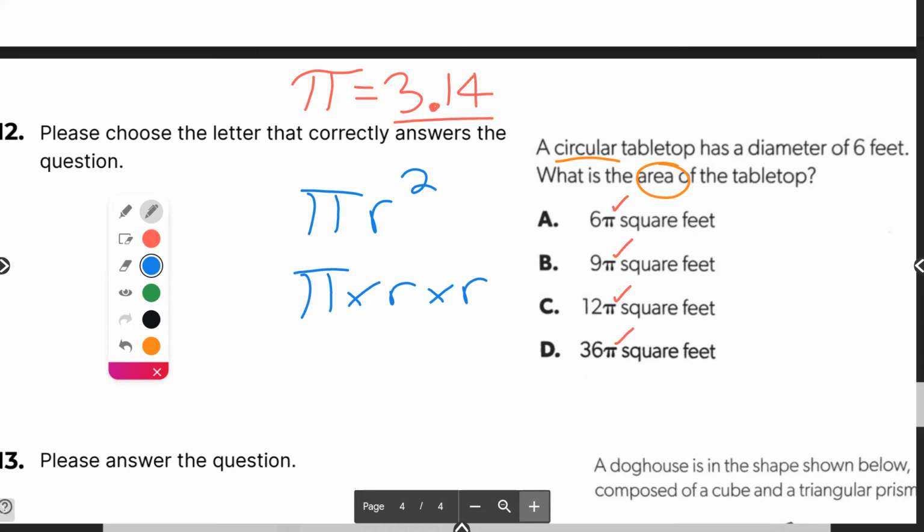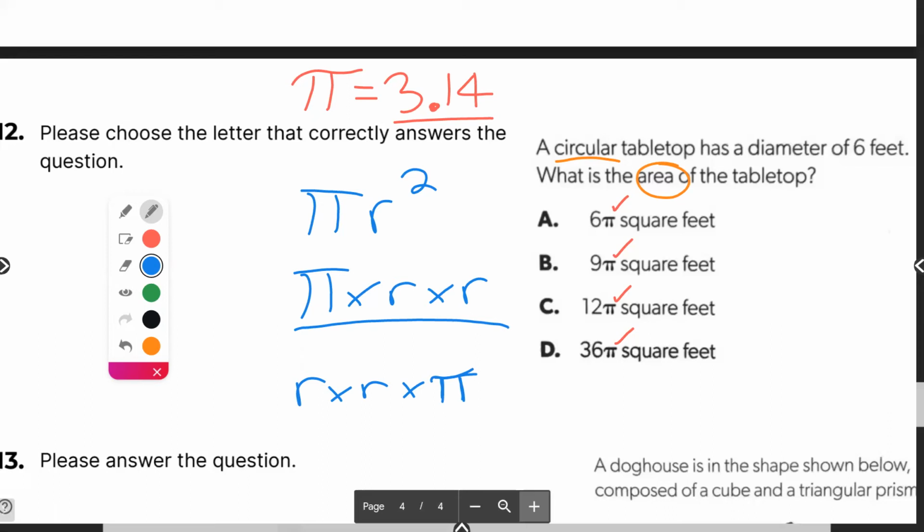It comes out to be the same, right? So now if I know this is true, then this has to be true as well. Right? So then pi times the radius has to be the same as the radius times pi.